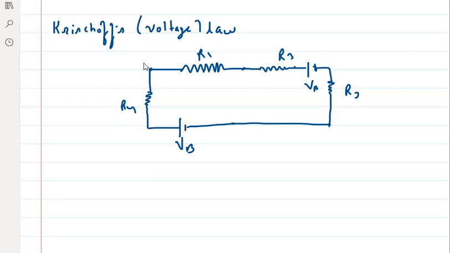This point is VA, this point is VB, this point is VC. VA I've already used over here, so I'll just write VQ and VP. This is VD, VE, VF, at each point.